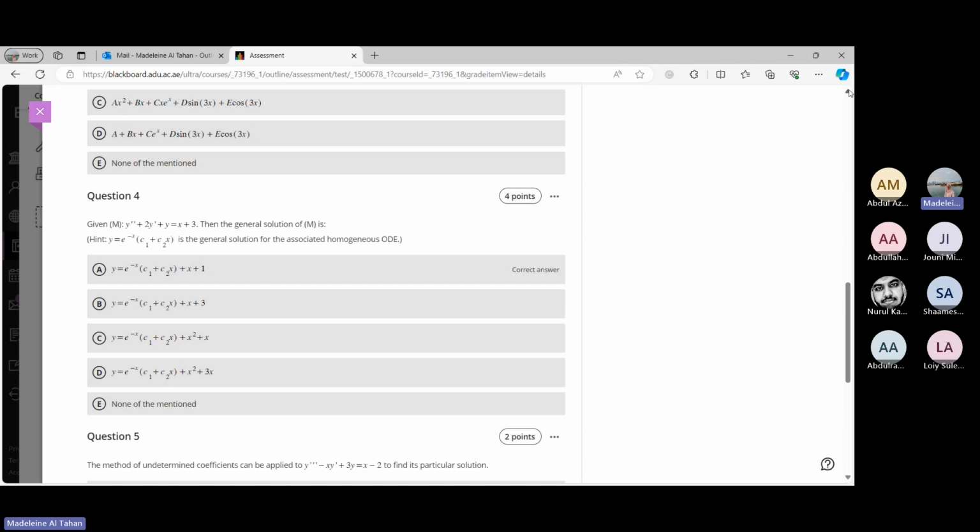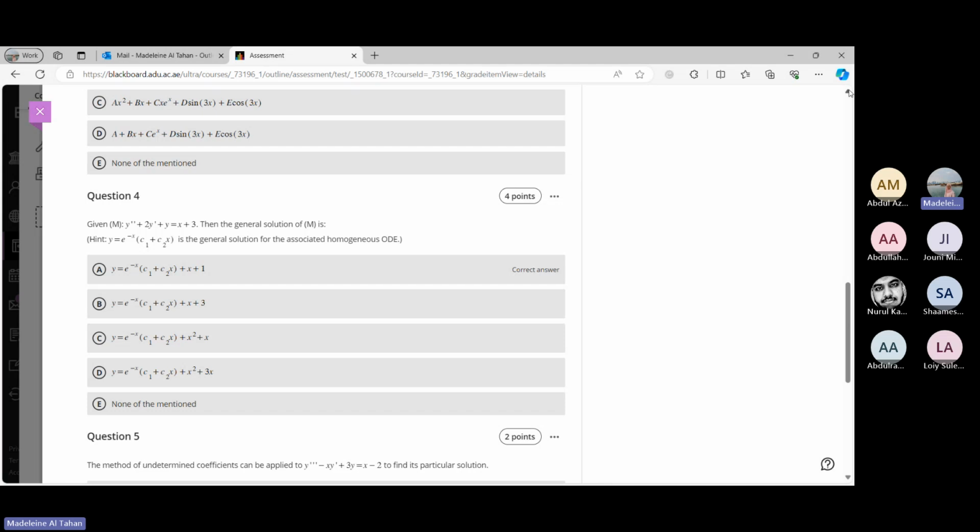Let's look at this example. We are given the general solution, and we need to find the solution of the non-homogeneous one. If you look at the non-homogeneous one, it's equal to x plus 3. So the particular solution will be of the form ax plus b, right? And we should substitute.